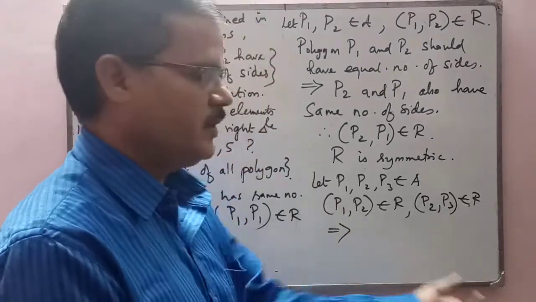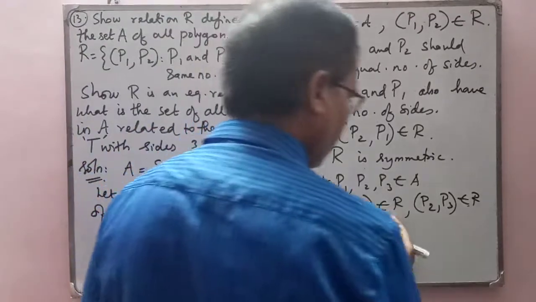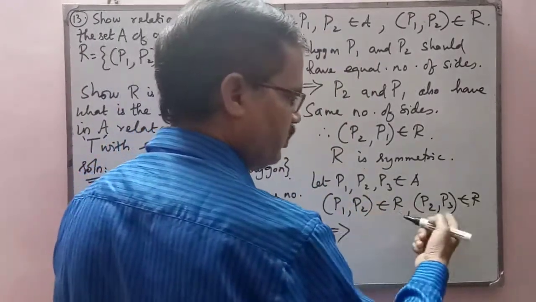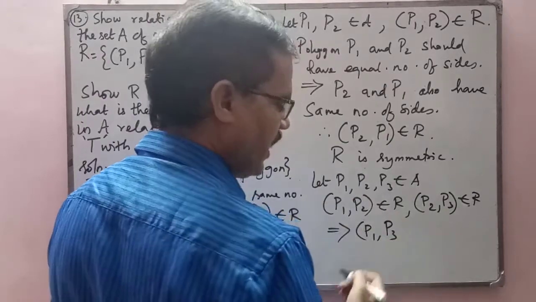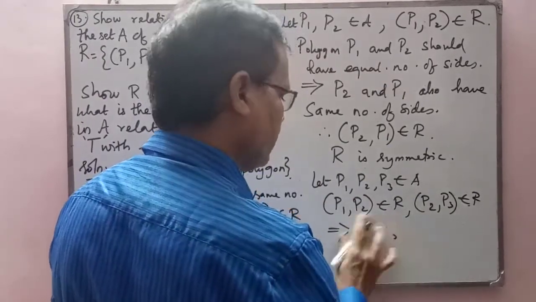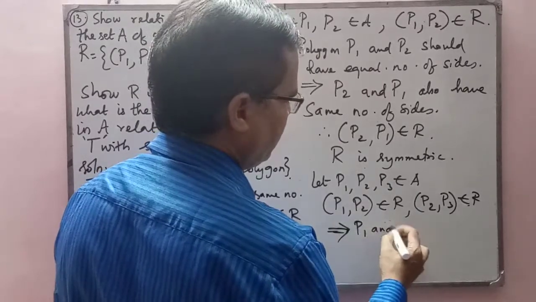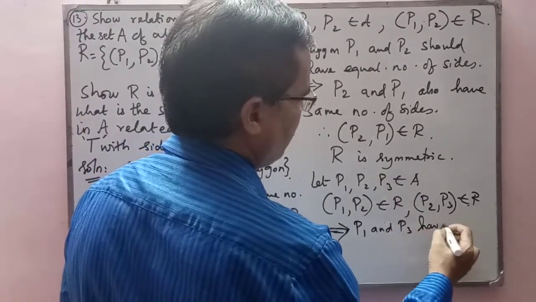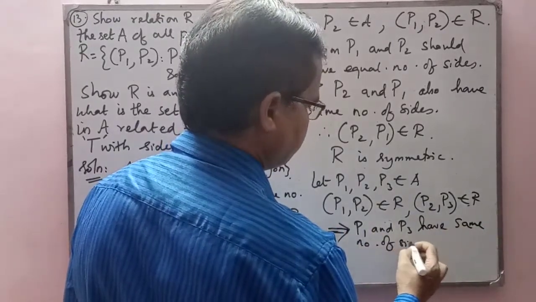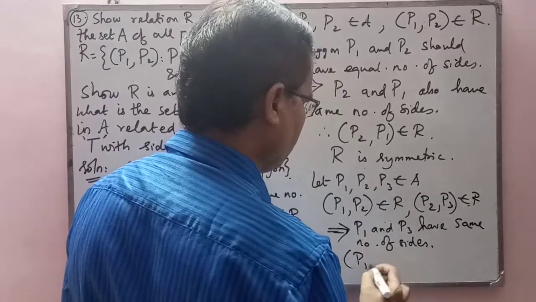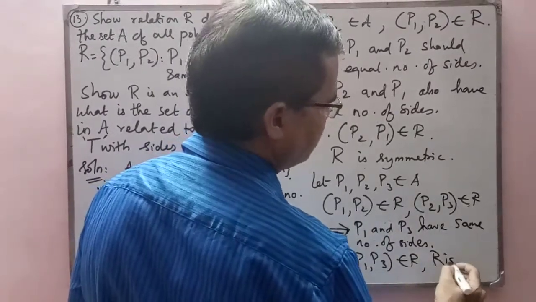Then it means P1 and P3 also have the same 3 sides. That is the meaning of that. So P1 and P2 have the same number of sides, P2 and P3 have the same number of sides, which implies P1 and P3 have the same number of sides. Therefore (P1, P3) belongs to R. R is transitive.